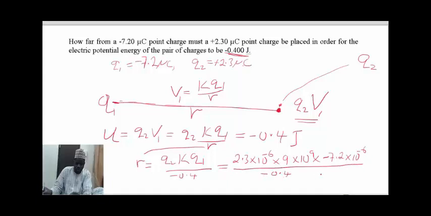The minus here cancels the minus here, and when you evaluate, you will end up with R as 0.3726 meters. So this is the distance at which we place the second charge, so that the total potential energy becomes minus 0.4 joules.